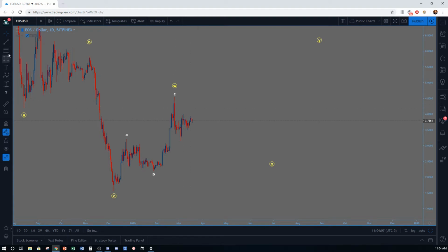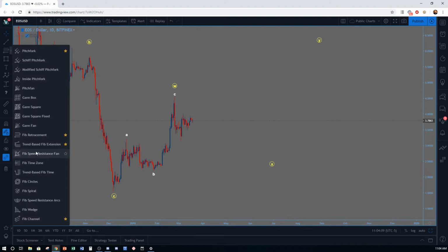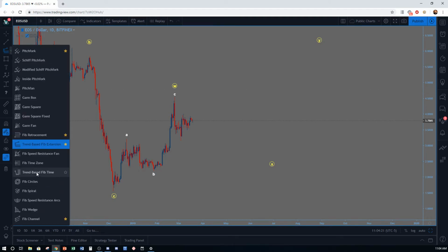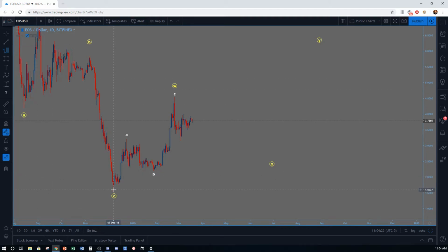And in that scenario, I'm using the wrong fib, sorry guys. In that scenario, our X could take up to over here somewhere, something like this.